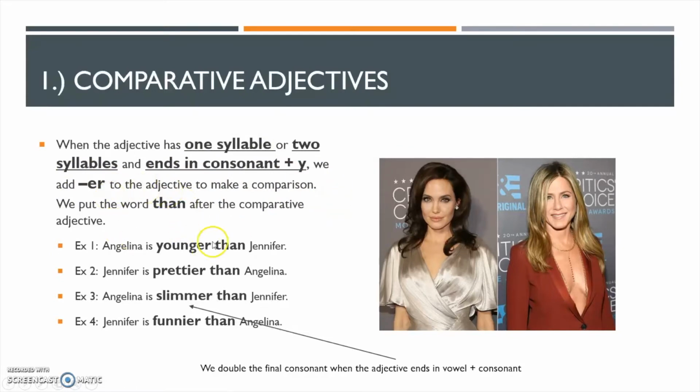And then we put the word than after the comparative adjective. So again, when the adjective has one syllable, or when it has two syllables and ends in consonant Y, we add ER to the end of the adjective.